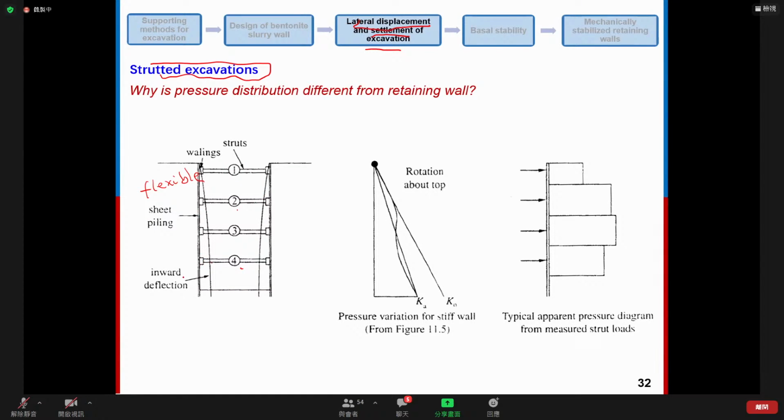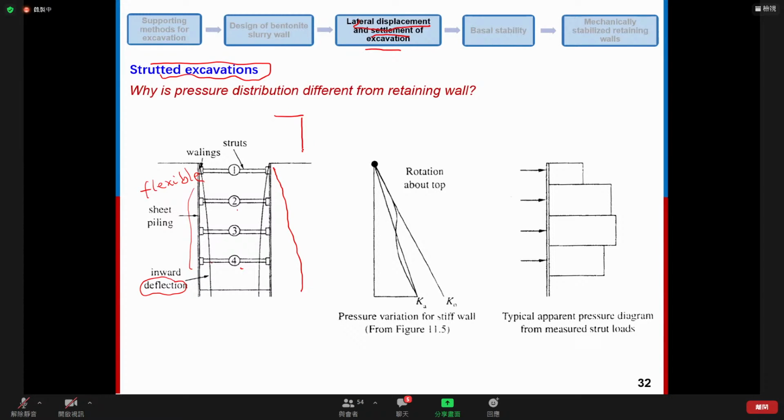And due to this deflection, the earth pressure distribution behind the sheet pile wall becomes very complicated. Okay, so right now let's just take a simple example.